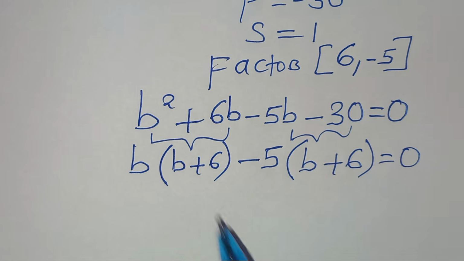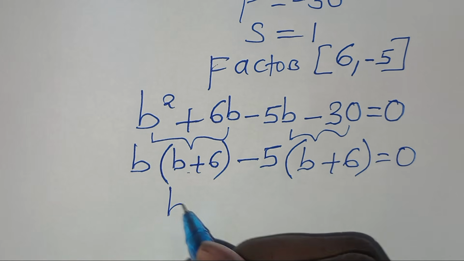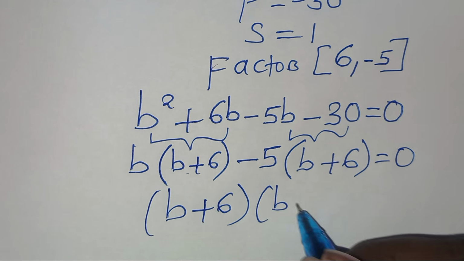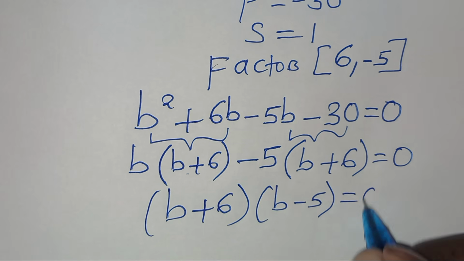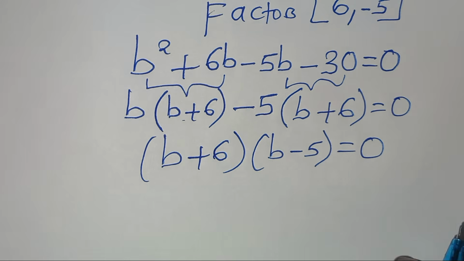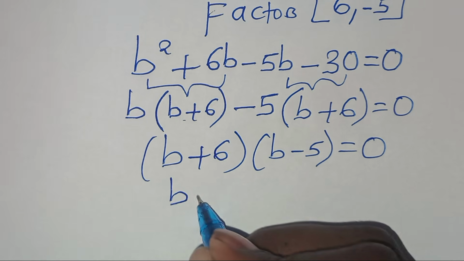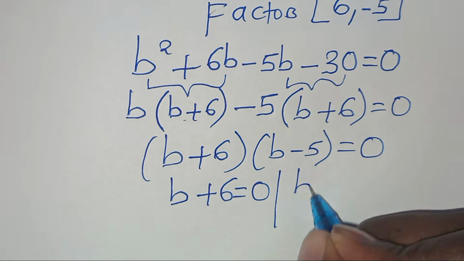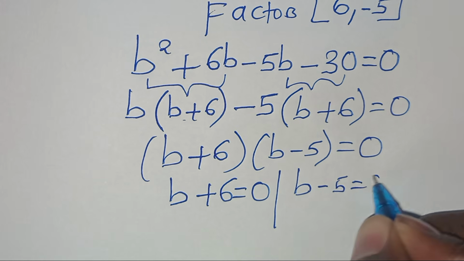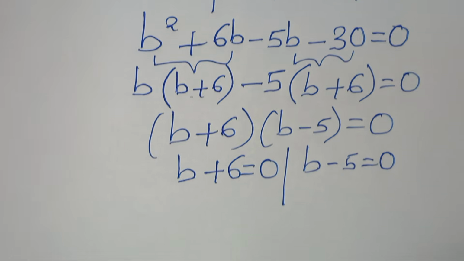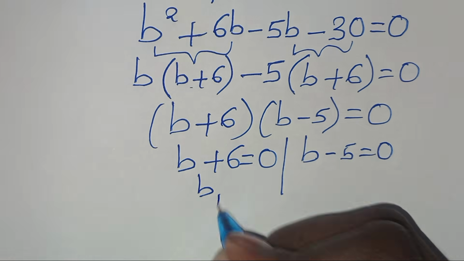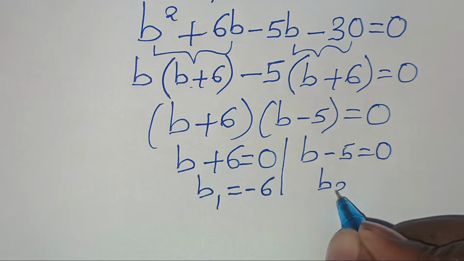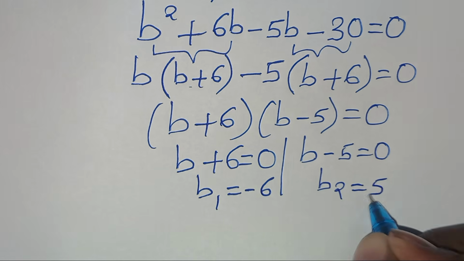Since b plus 6 is common, we factor out b plus 6, then we have b minus 5 equal to 0. So we have b plus 6 equal to 0, and b minus 5 equal to 0. This indicates that b1 is equal to negative 6, and b2 is equal to 5.